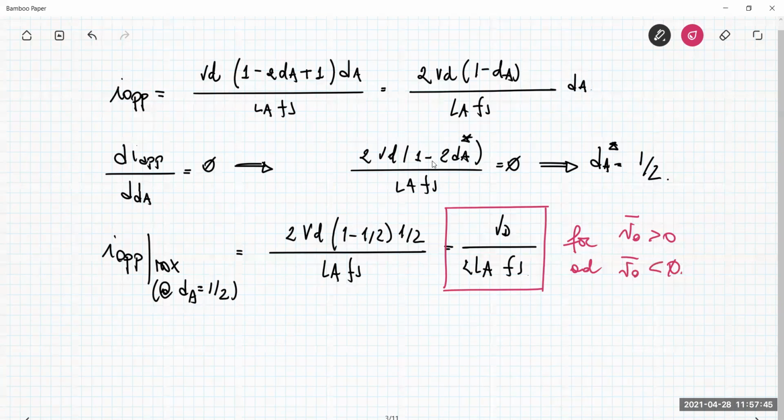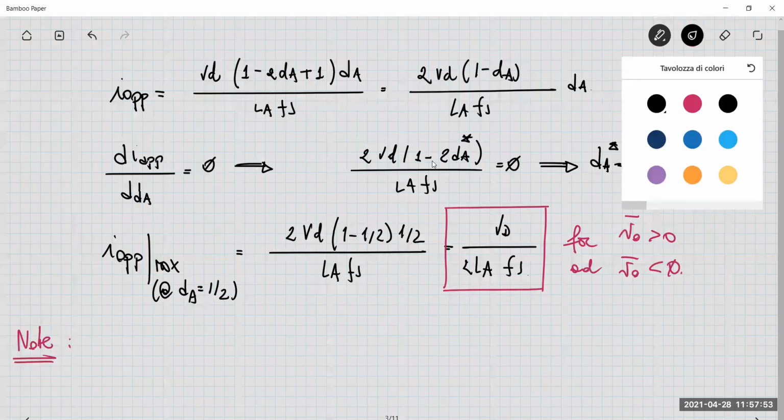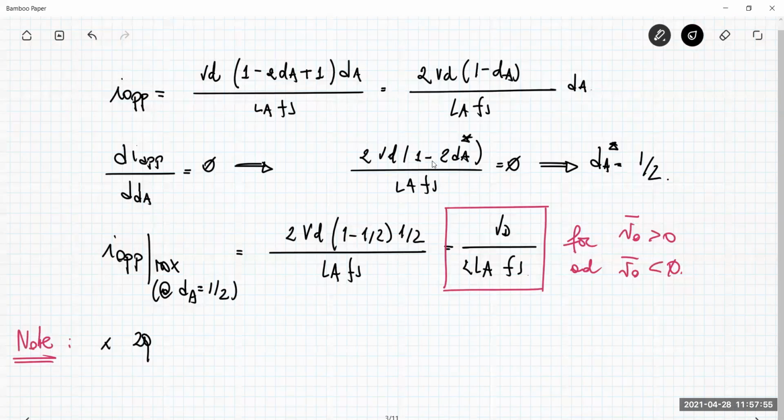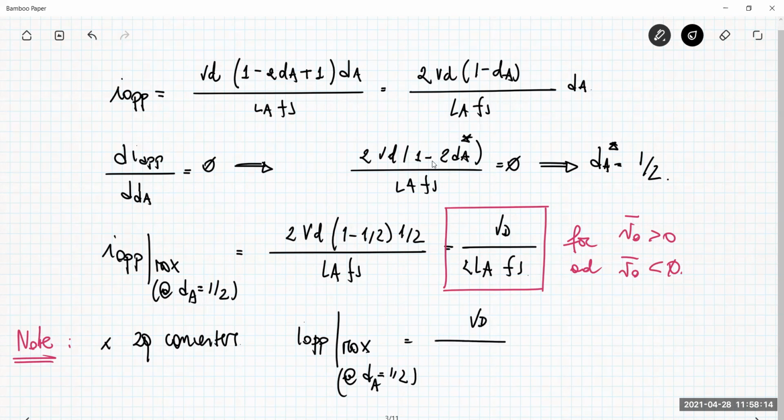Remember the maximum ripple for the two-quadrant converter. For two-quadrant converters, the maximum I naught peak-to-peak is again obtained for a duty cycle of 1/2, and this was Vd over 4 LA Fs.